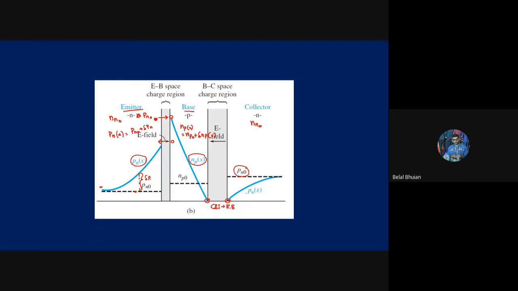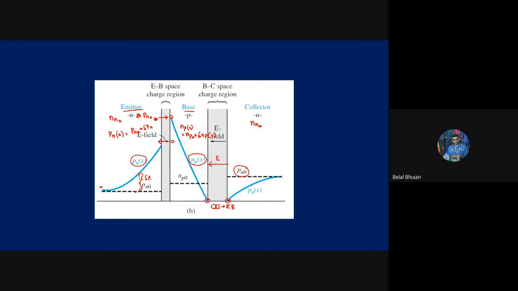What happens? The electrons, starting from here, will diffuse, and at the same time they will recombine. As soon as they come here, they experience an electric field, physically.